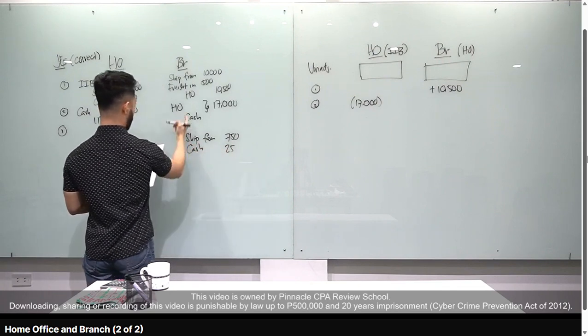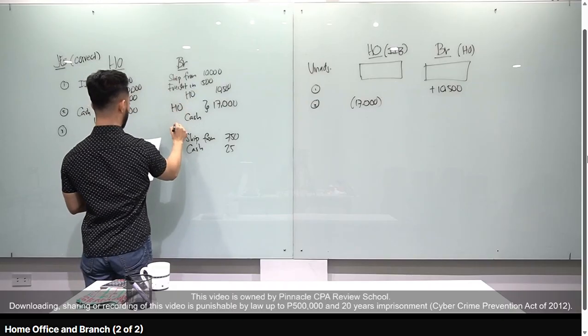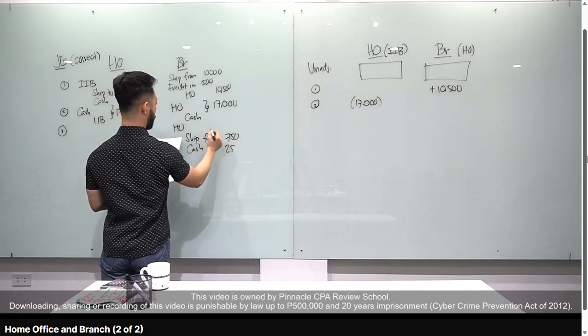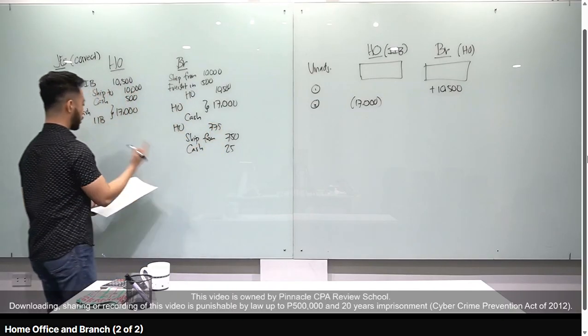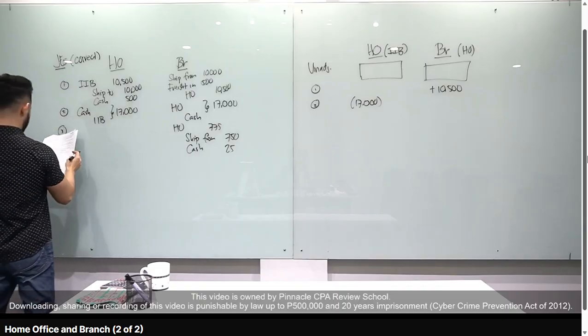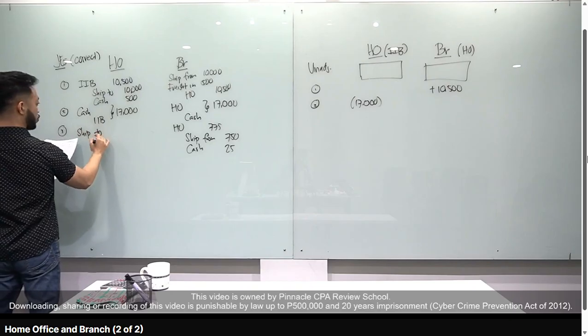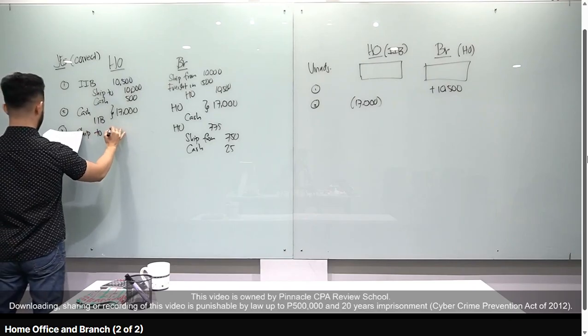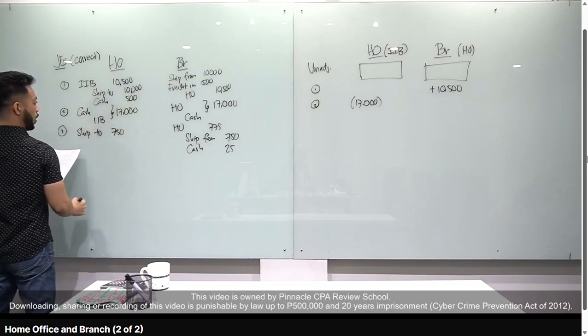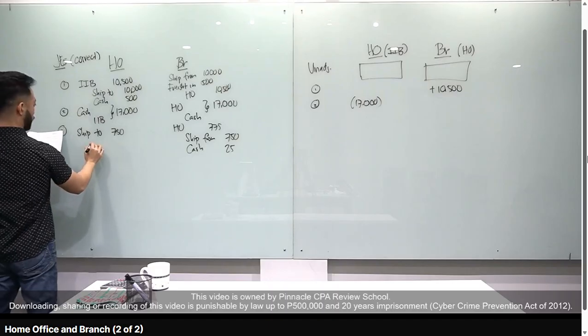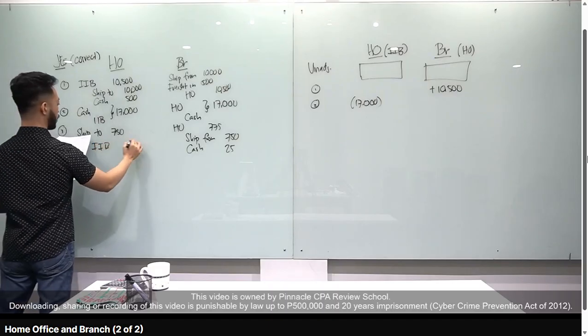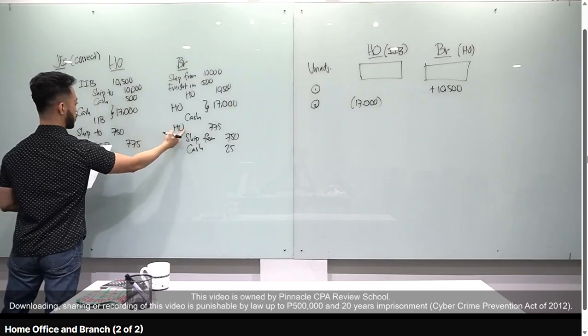Therefore, since it is also being returned, your debit there is HO, $775. In the books of the home office, the entry is a debit. If you have a credit to shipment from there, you have a debit to shipment to branch, 750. And then credit investment in branch, 775, because they should be reciprocal.